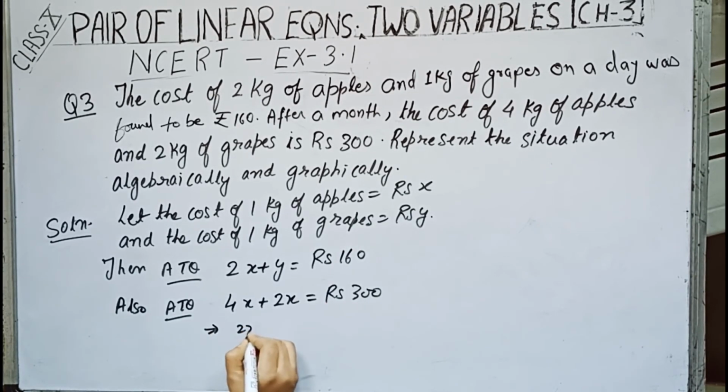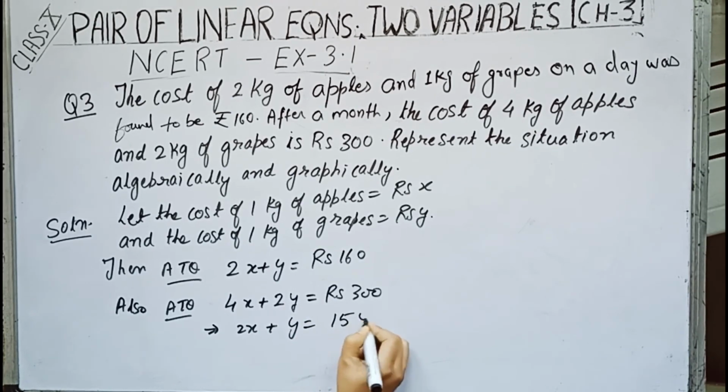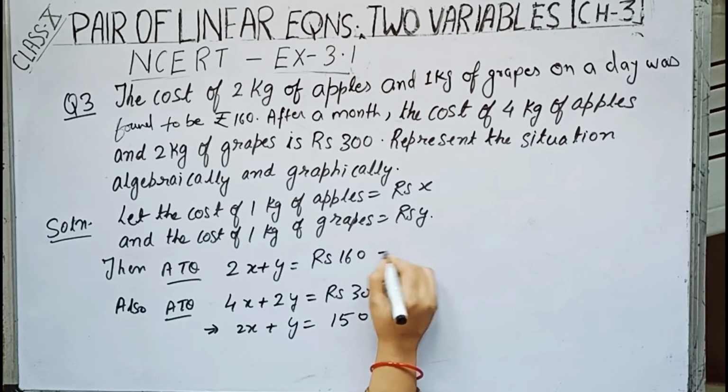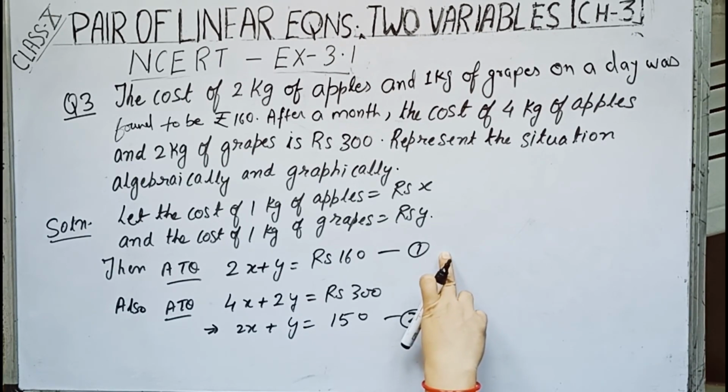This implies 2x plus y equals 150. So we have got the two linear equations. The algebraic solution is this one, and you will do the graphical solution on your own.